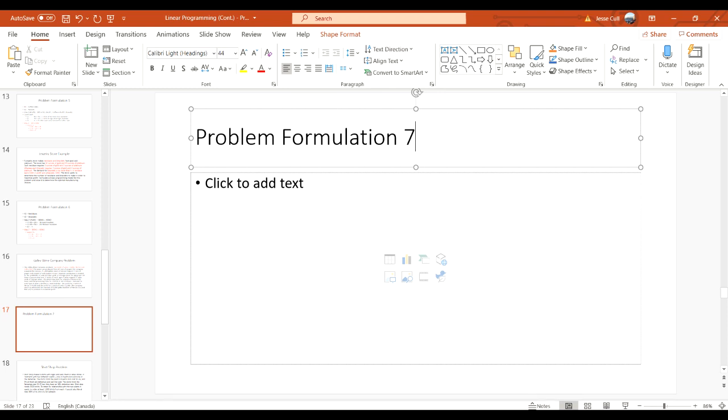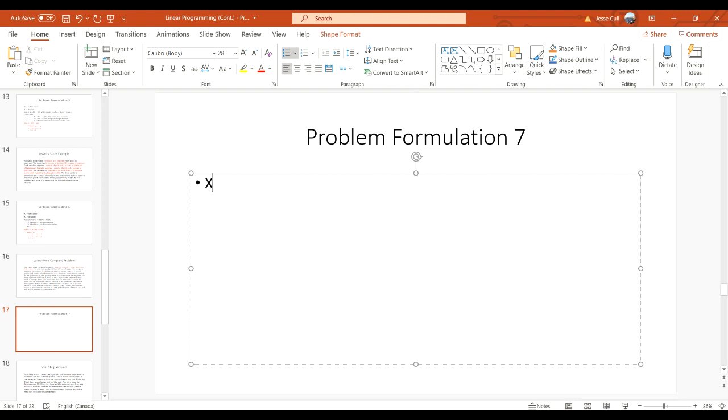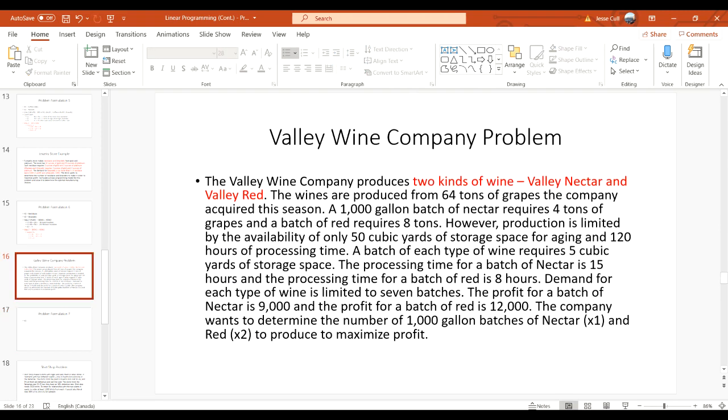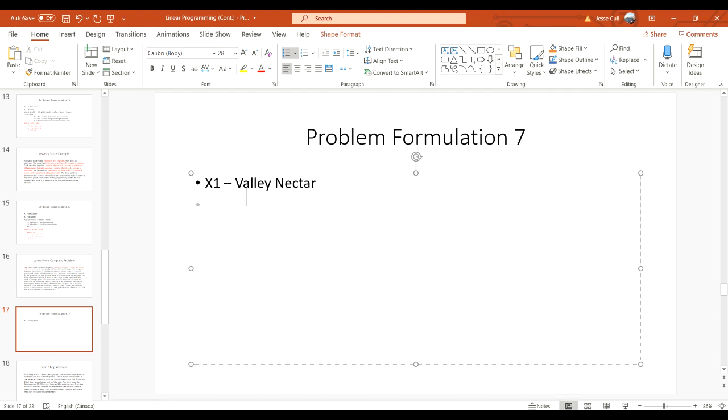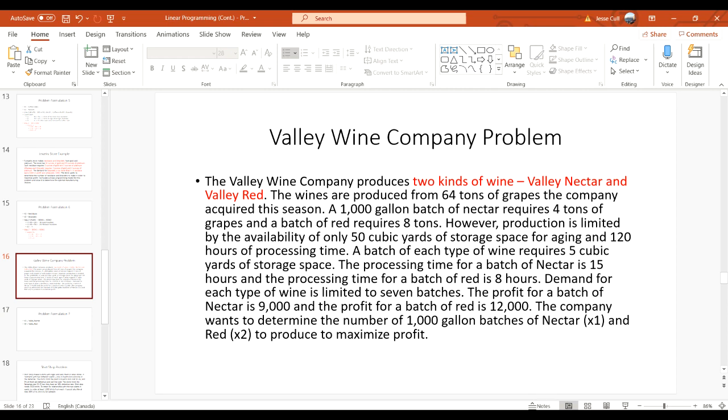Problem formulation 7. X1 is, we see here, Valley Nectar. X2 is Valley Red. So let's go back. The wines are produced from 64 tons of grapes. This is a resource, most likely a constraint.